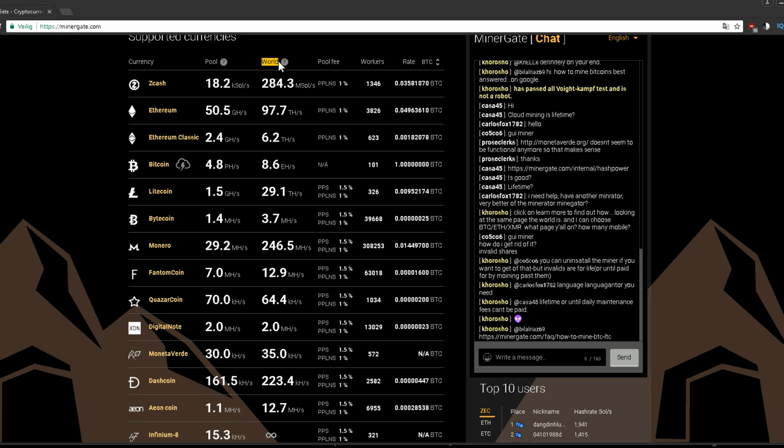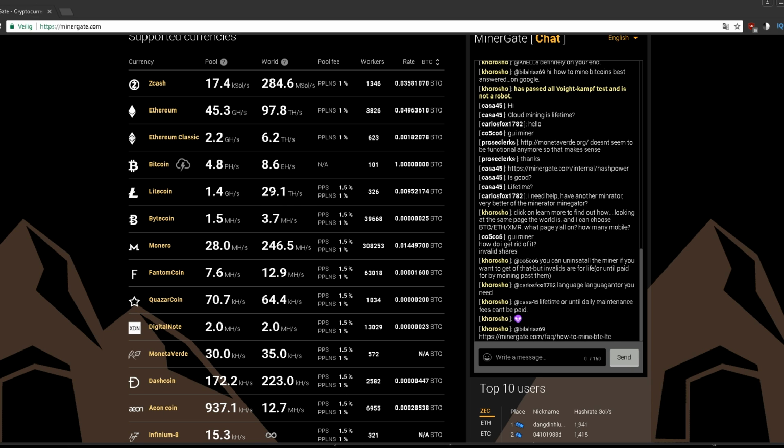So here you have world, and that is basically the combined hash rate of the entire globe, every miner worldwide. So for Bitcoin, it's very high hash rate, as you can see.